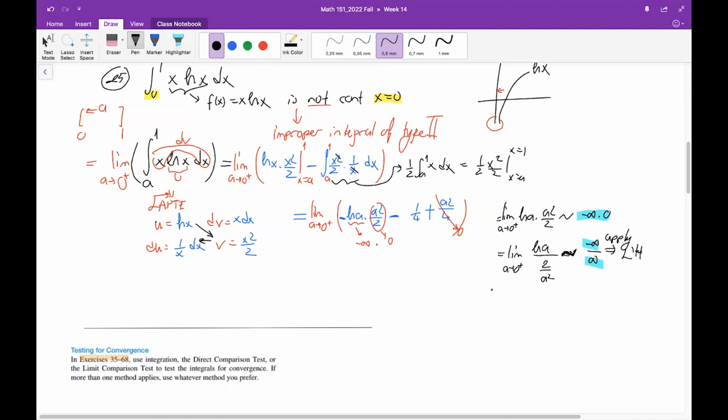So let's apply it. L'Hopital's rule is applied how? You take the derivative of the numerator and then you take the derivative of the denominator separately. This is the, it should be cube, of course. This is the derivative of the denominator.